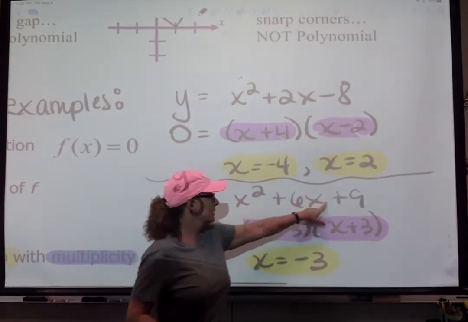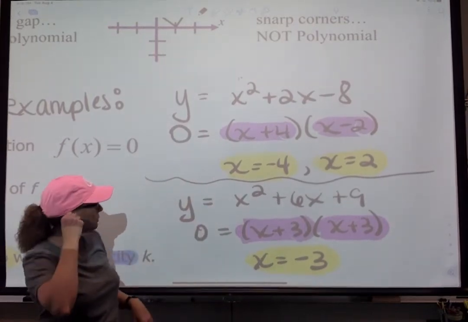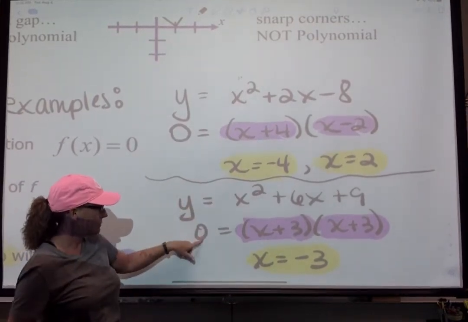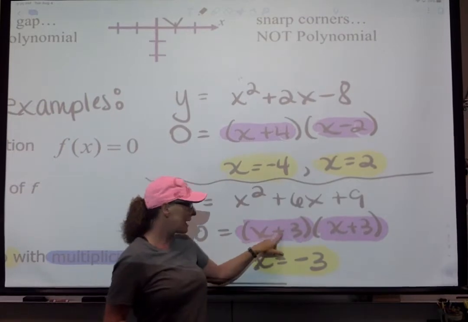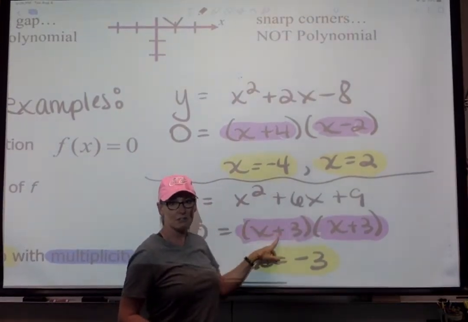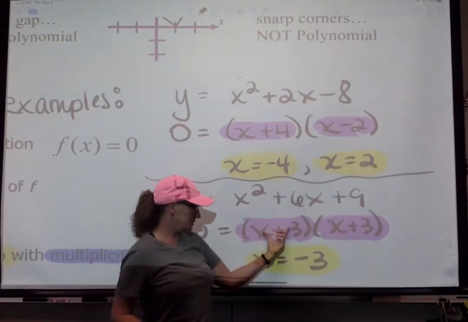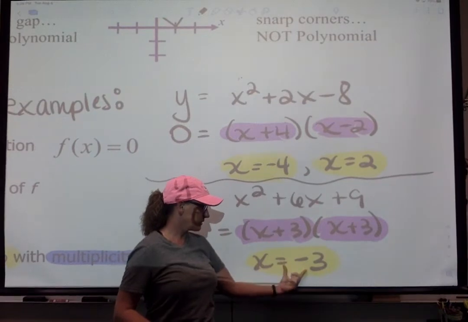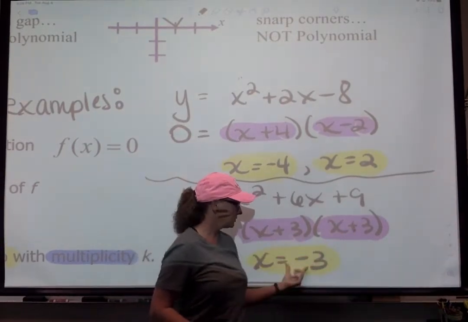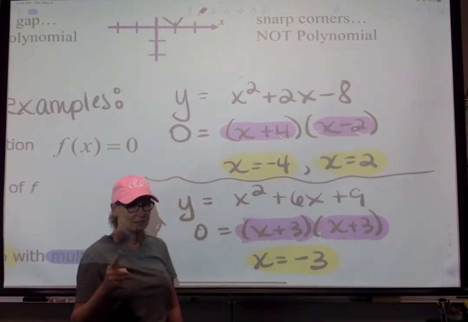Here's another one. Here's a quadratic, okay? It's set equal to y. It's a full-on parabola. If you would like to find the x-intercept, you're going to sub in 0 for y, and you're going to factor it. Well, hey, look, these factors are the same. If I solve this factor to be 0, x would have to be negative 3. Now I get only one x-intercept.